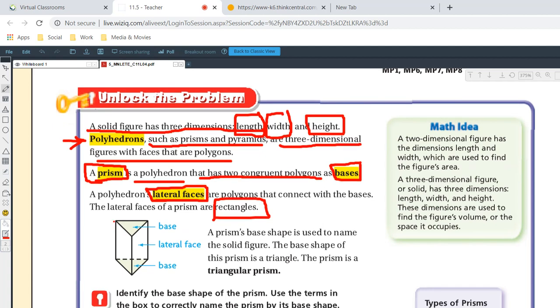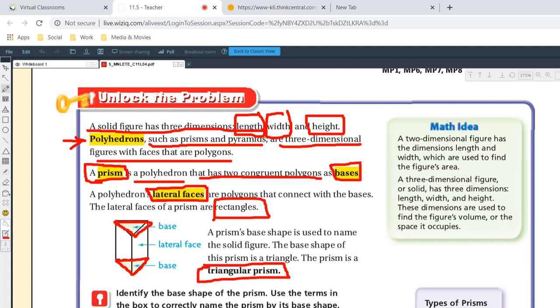In this prism, we have two faces, the shaded part here, which are the two bases, and these two bases are triangles. The lateral faces are rectangles. Because the base is the shape of a triangle, we can say that this is a triangular prism.